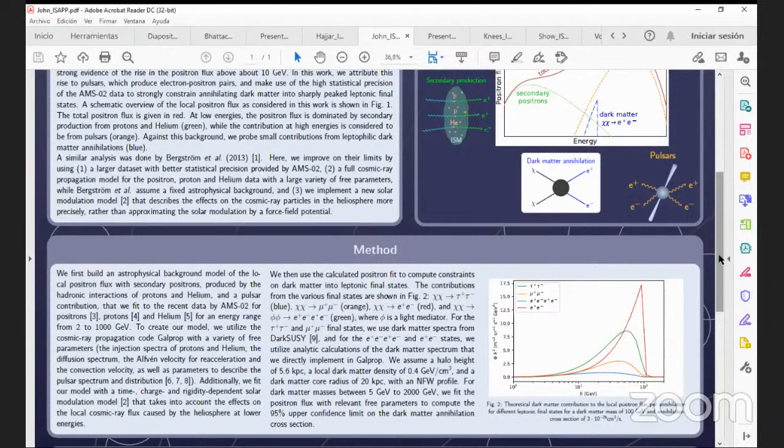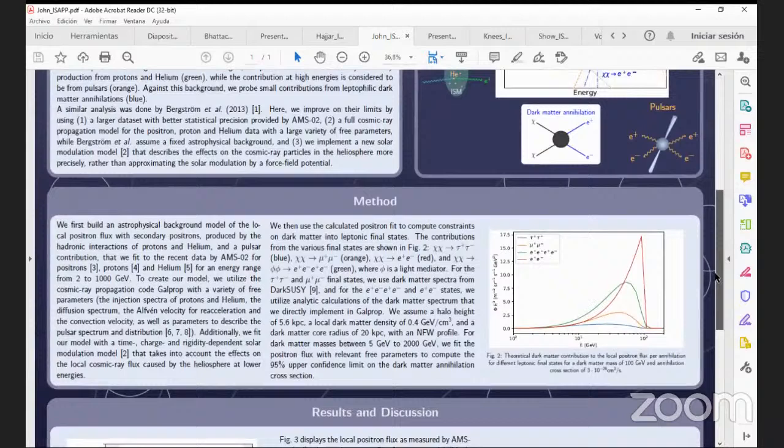For example, the diffusion spectrum of the particles in the galaxy, then the injection spectra of protons and helium, and the pulsar distribution and spectrum. Then we fit this model to the data from AMS for positrons, protons, and helium, and we get a plot like this in the bottom left. If you could scroll down a bit, please.